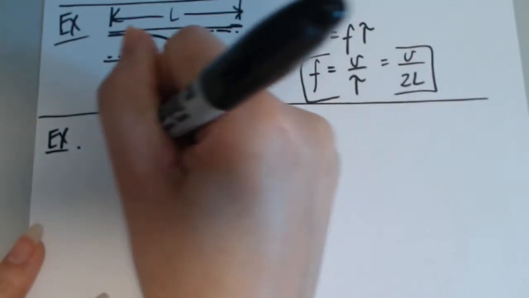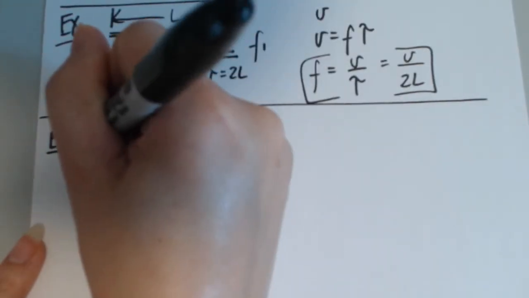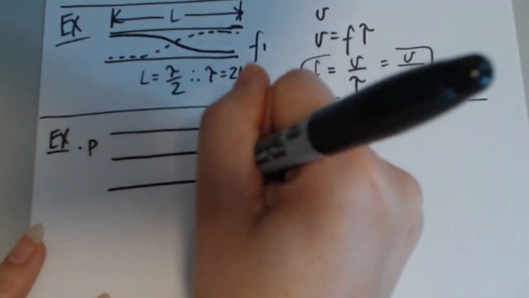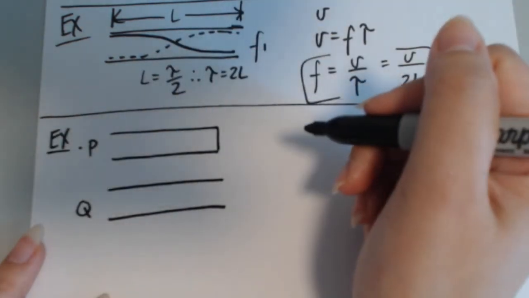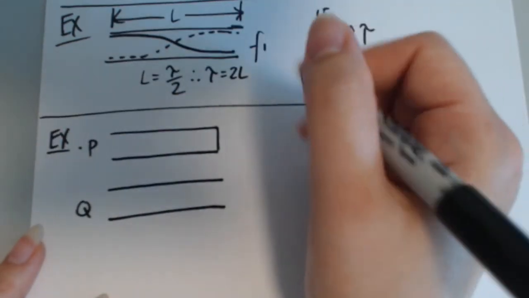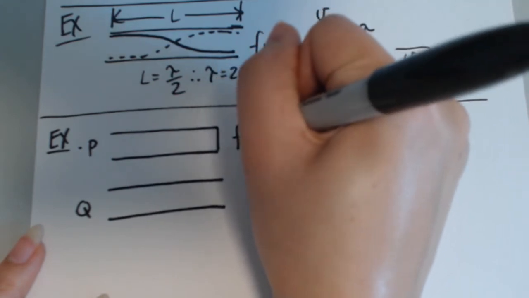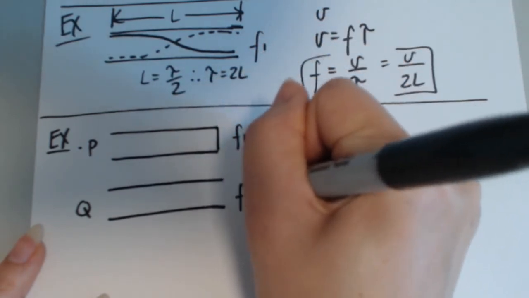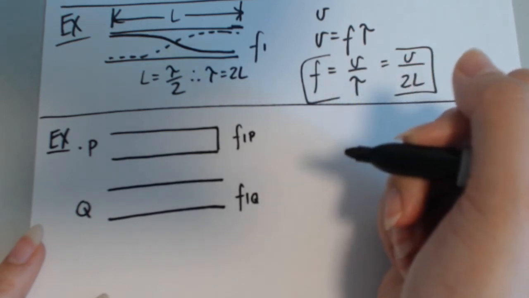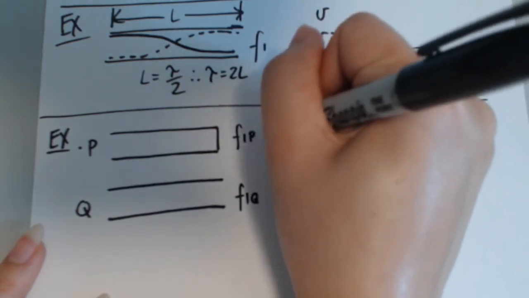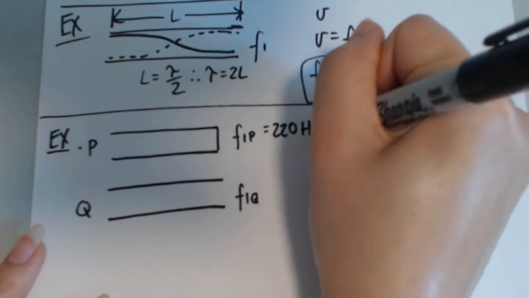Pipe P is closed at one end, so I'm going to draw them out. Here's pipe P, and pipe Q is open at both ends. Start by drawing a picture. Now, we're talking about the fundamental frequency in both of these, so I have F1P and F1Q. Now, the fundamental frequency of the closed pipe P is 220 Hz.